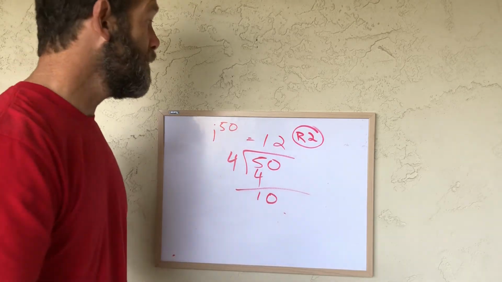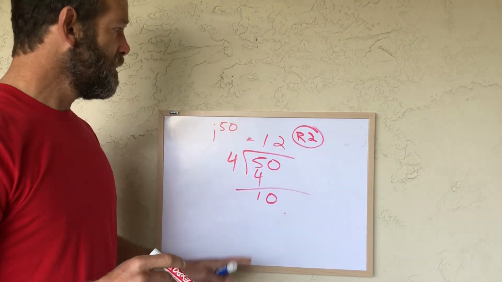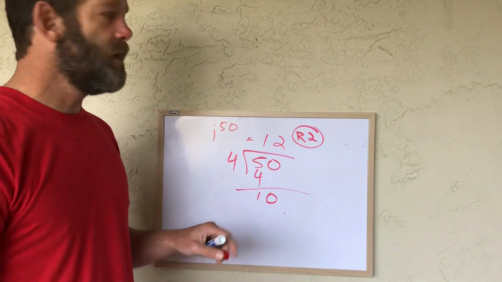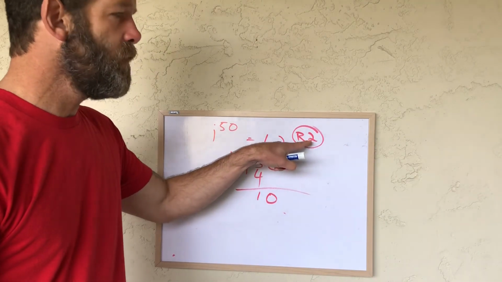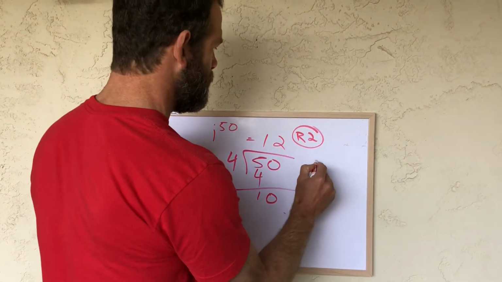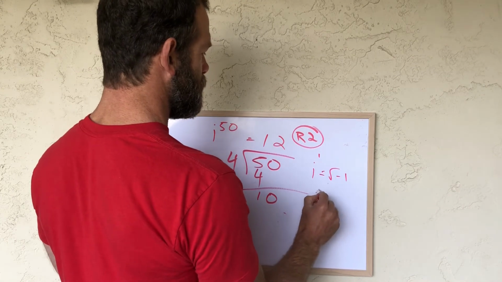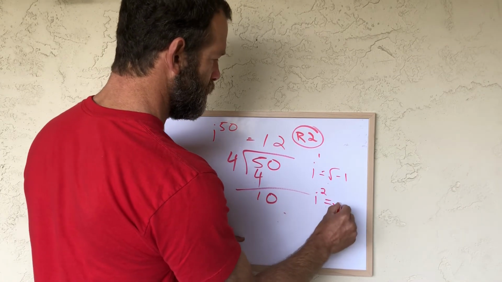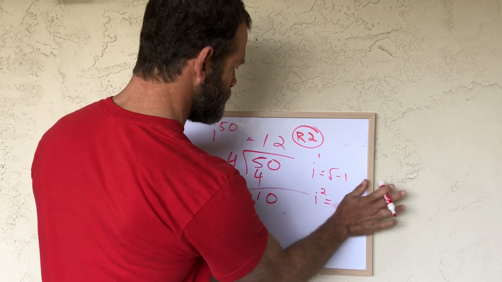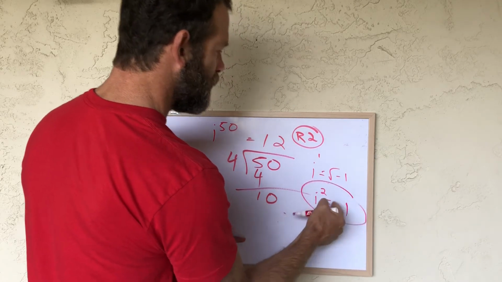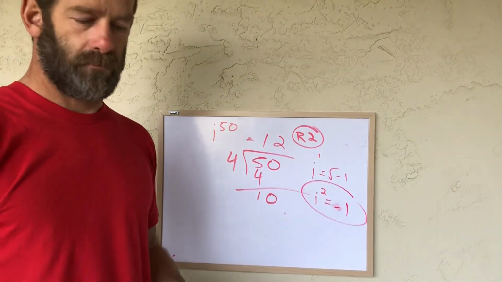That means it would go into it 12 times evenly with a remainder of 2. A remainder of 1 is equal to the square root of negative 1. A remainder of 2 is equal to negative 1. So what is i to the 50th? It's equal to negative 1.